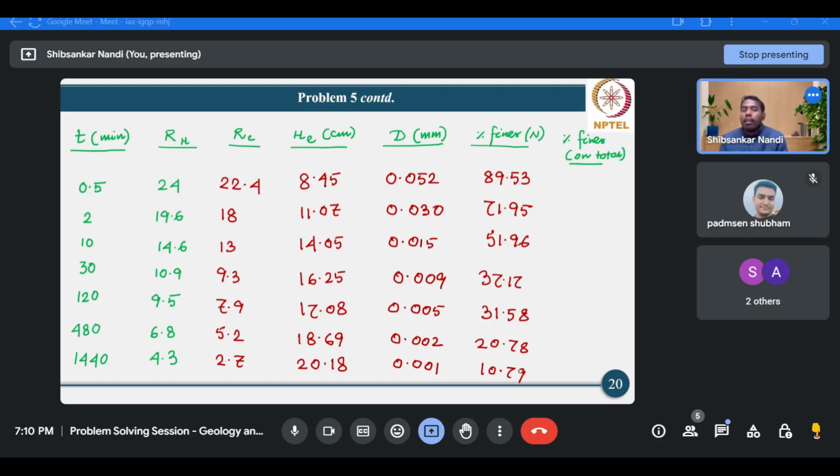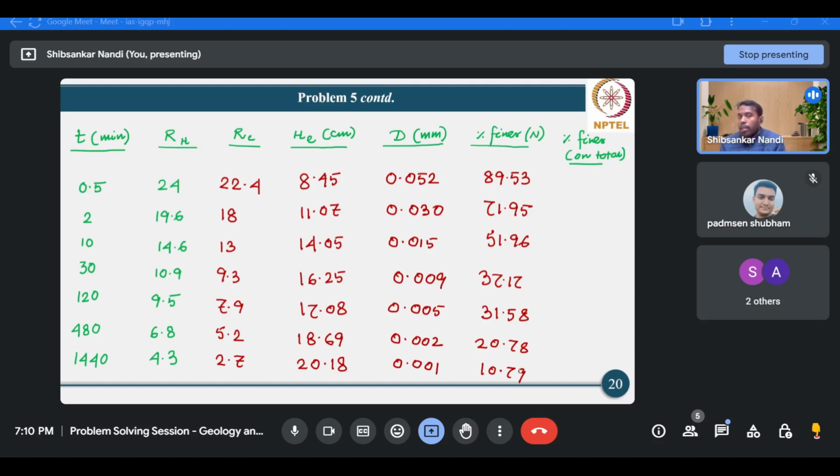Now you may have a question: this table can end here, so why is there an additional column called percentage finer on total? Is there any logic in keeping an additional column?